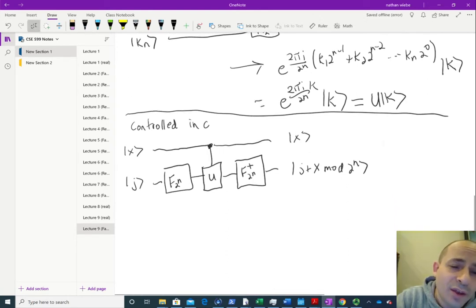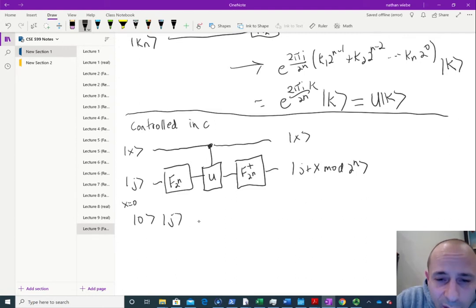All right, cool. To see this, let's do case analysis. Let's say x equals 0. Then 0j maps to F_2^n dagger F_2^n j.